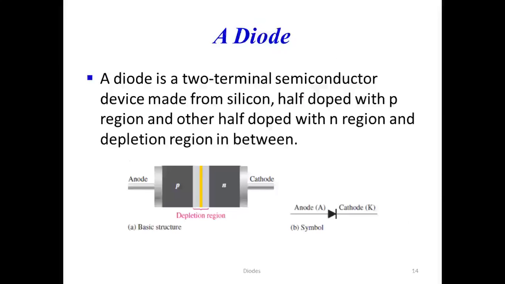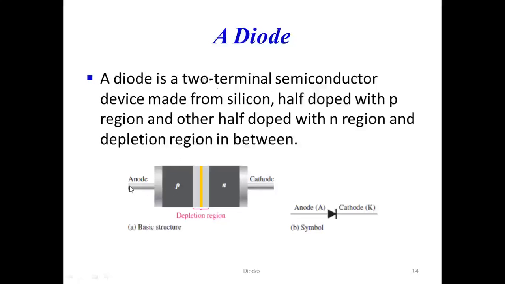See here, the same diode is shown. PN junction diode. There is a small depletion region. A diode is basically a two-terminal semiconductor device made from either silicon or germanium. So, two terminals.